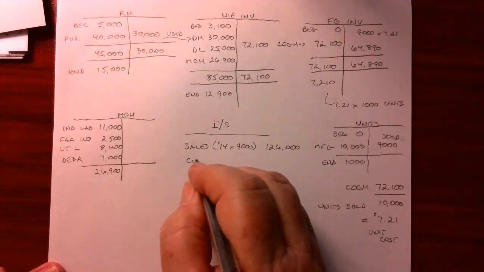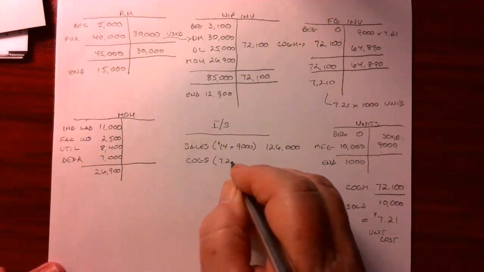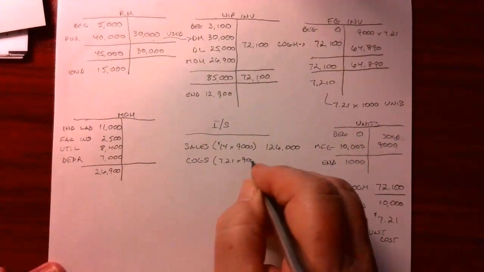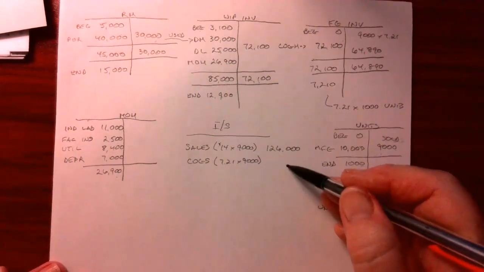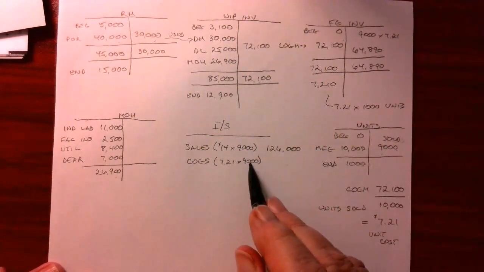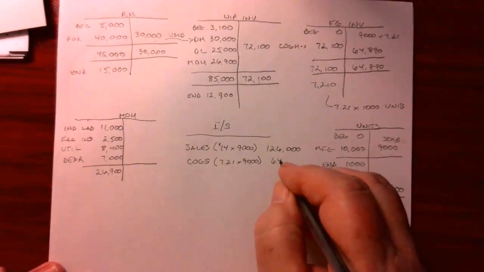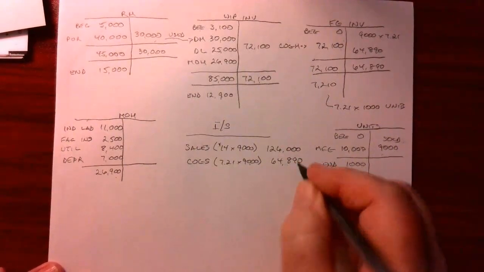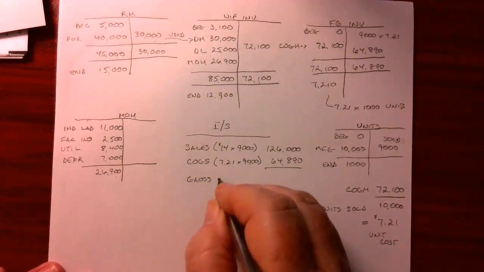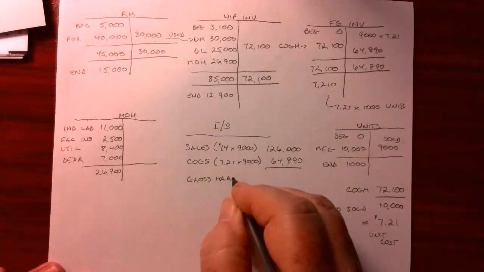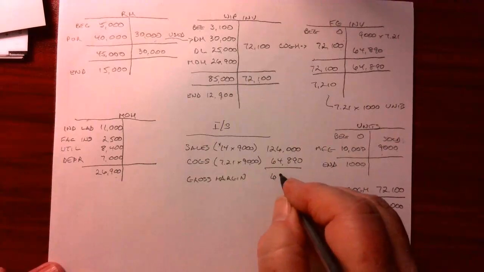Cost of goods sold is 721 times the same 9,000 units. Okay, it can't be times a different number of units because those are sales and this is the cost of the sales. So it's got to be with the same number of units. Cost of goods sold is the 64,890. The gross margin is 61,110.